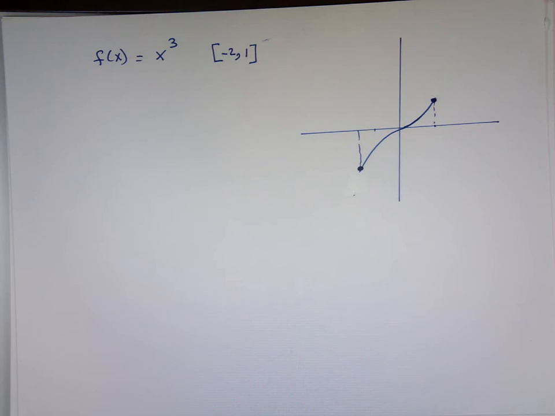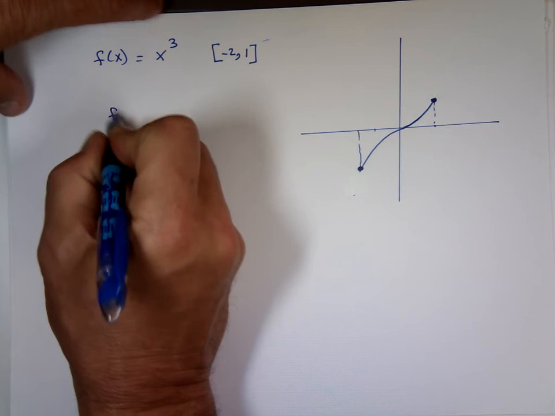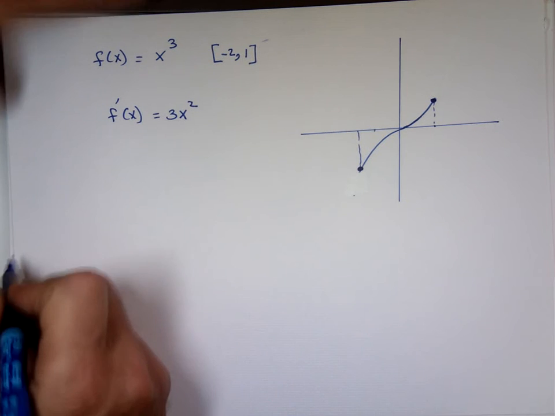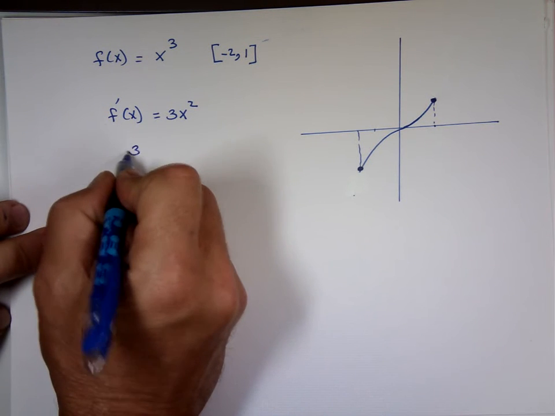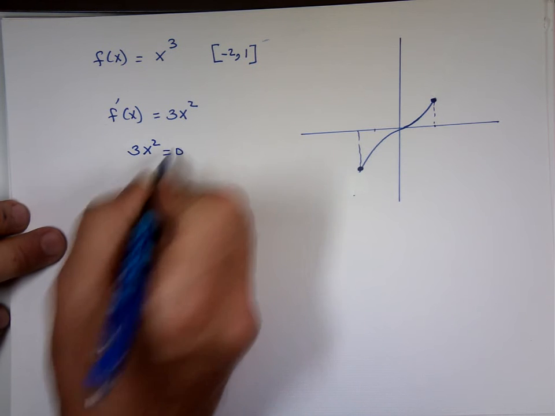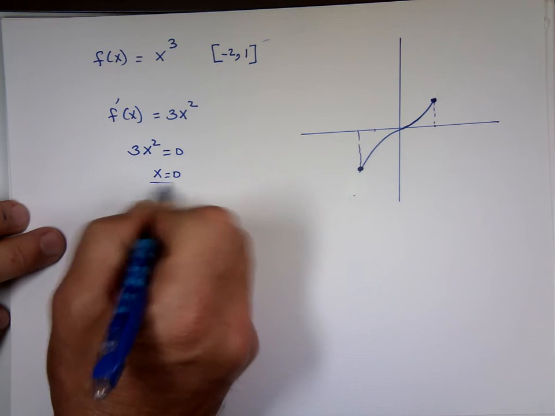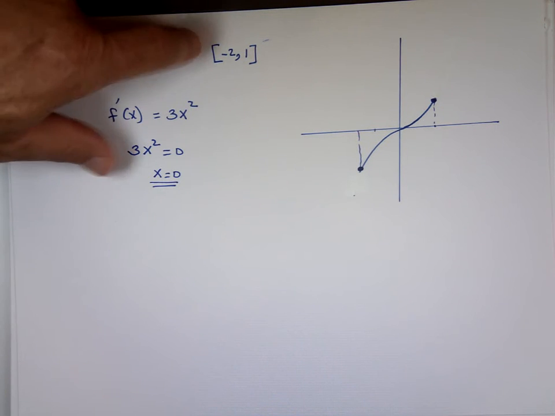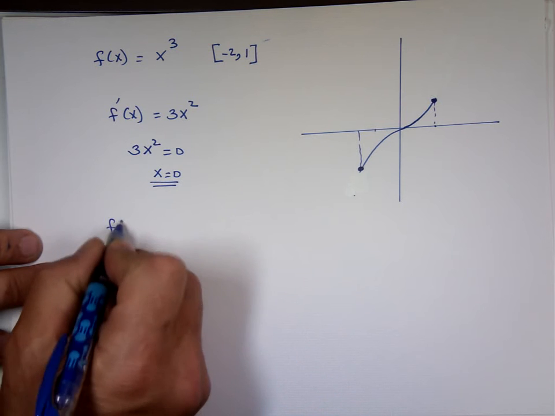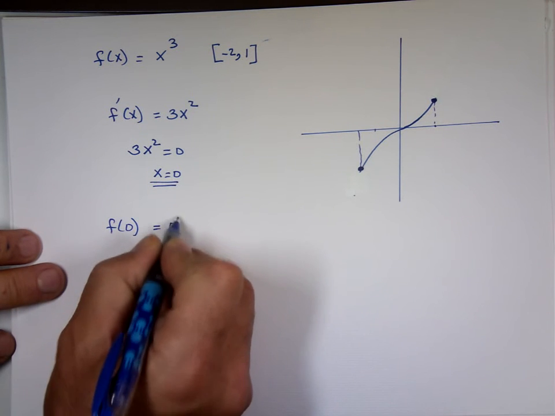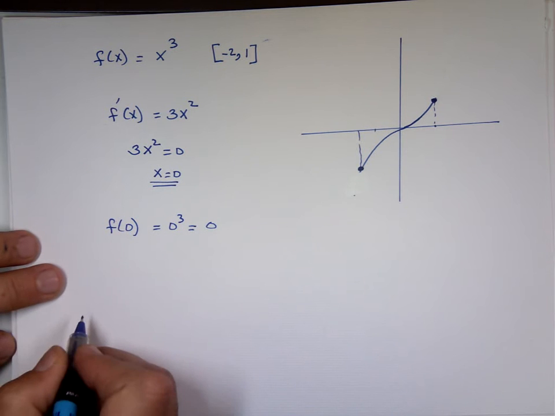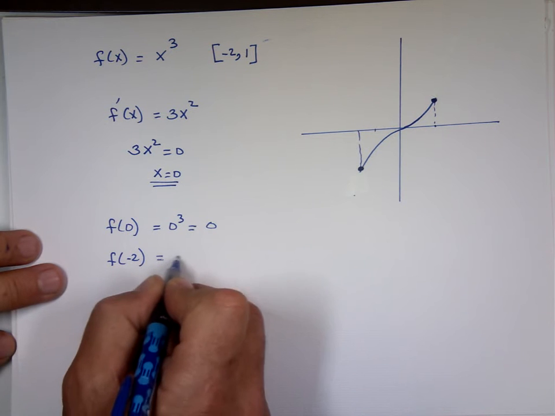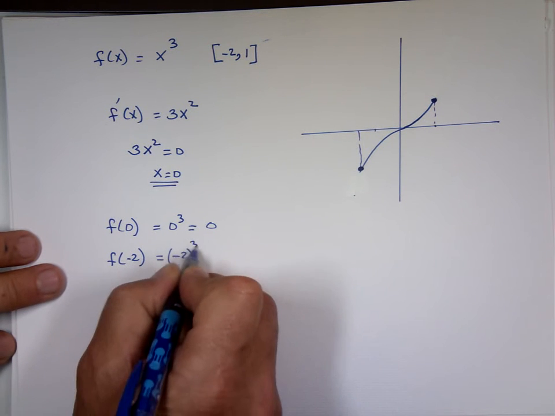What's my derivative? It's 3x squared. So take that derivative, set it equal to 0. x will have to be 0. There's 3 test points I have to test, where the derivative is 0 and the endpoints. So what's f of 0? What's f of -2? -8.